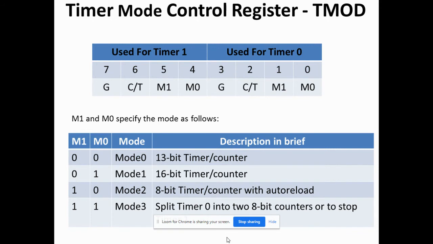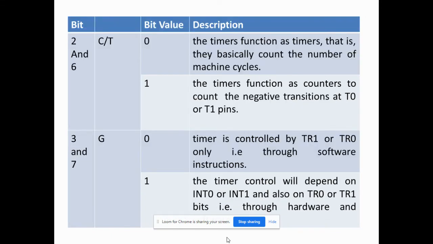The last mode is mode 3, that is split timer 0 into two 8-bit counters or to stop timer 1. For selecting mode 3, we can set the bits M1 M0 as 11. Bit number 2 and 6 are C/T bar, that is for selection of timer or counter.